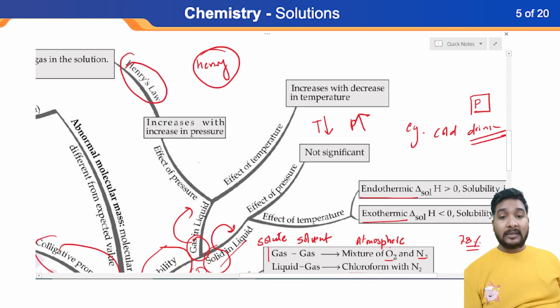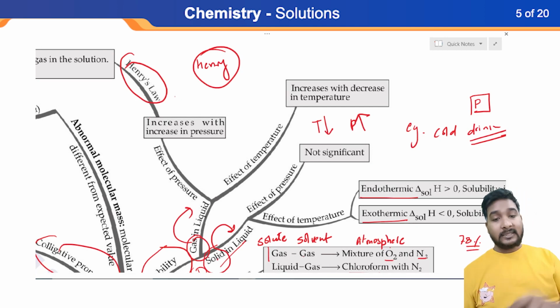Henry said that if we decrease the temperature and increase the pressure, we can easily dissolve the gas in liquid, or in solvents.